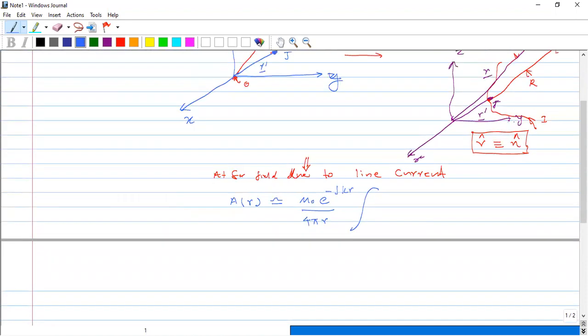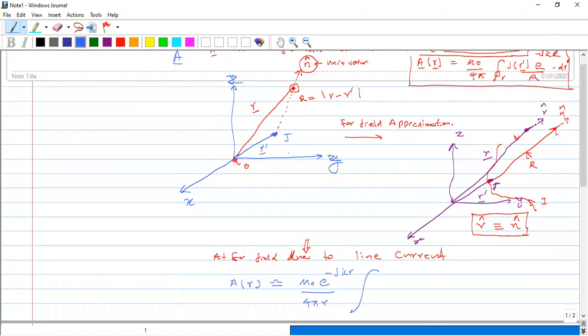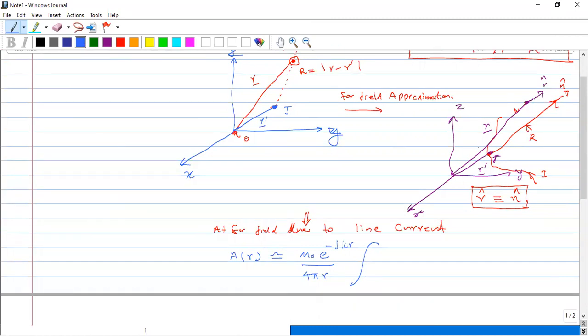This is a line current. Actually this J is a volume current density, so you have to do a volume integral. But this is a line current.